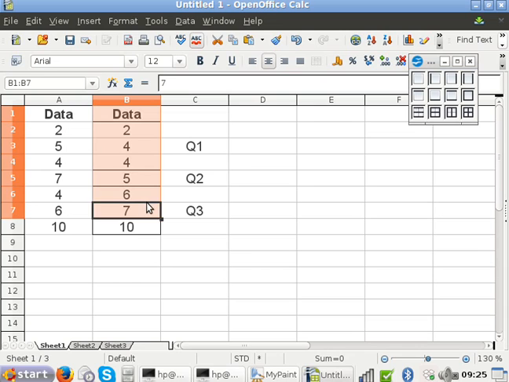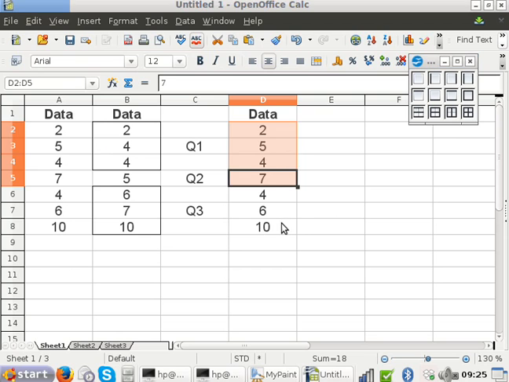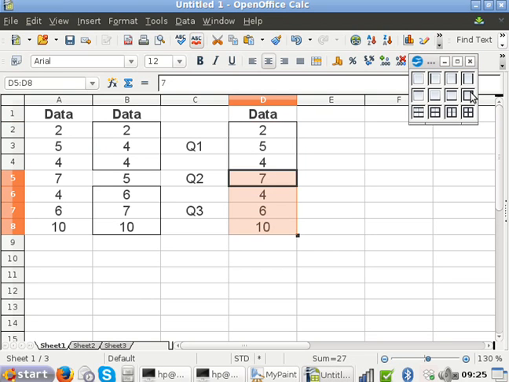Let's do this again. But this time we include the median and see how different the answer is. So this can be the lower, and then this one can be the upper half as well. So if I have 1, 2, 3, 4 numbers, it would be the middle of these 2, wouldn't it? Oh, sorry, they're not in order.